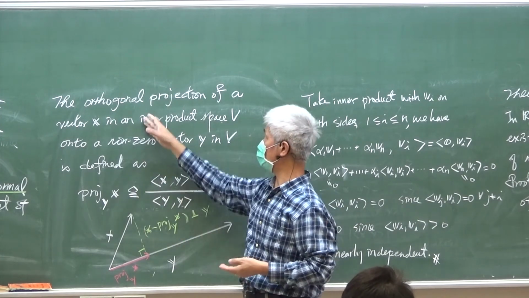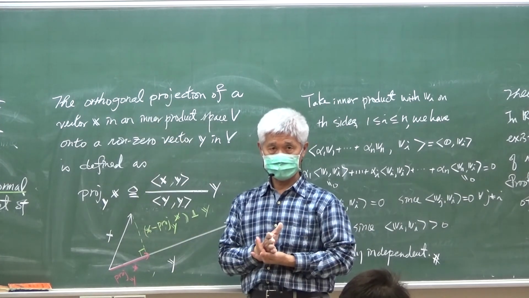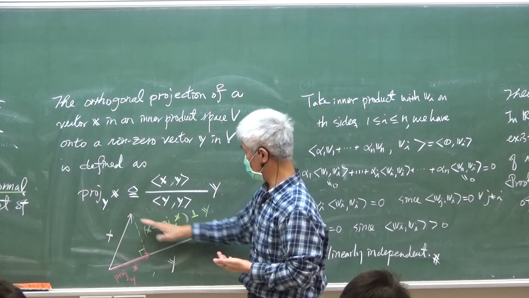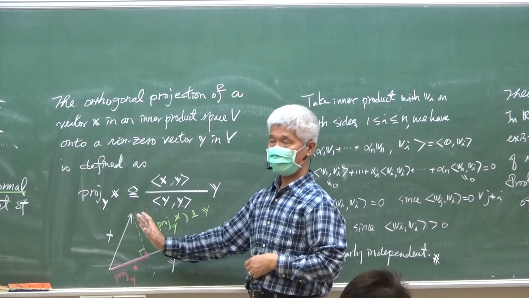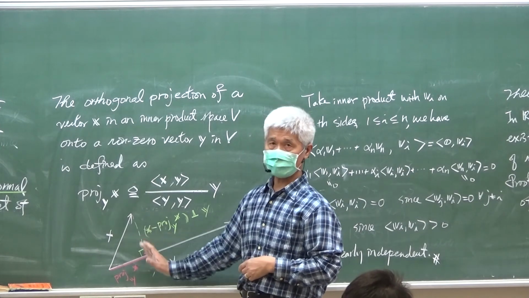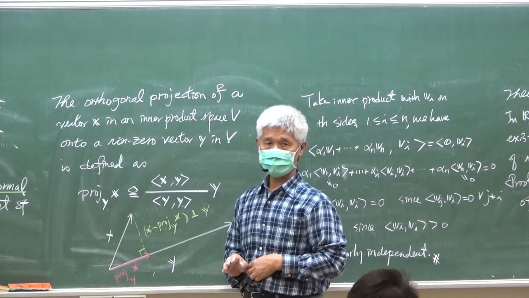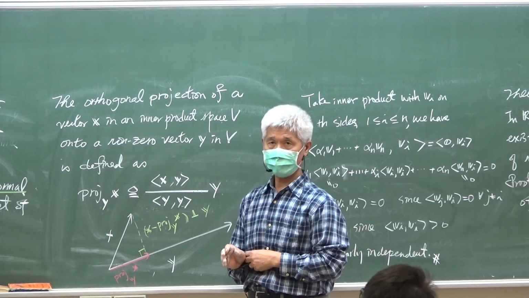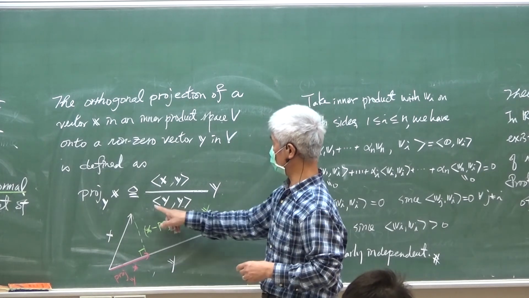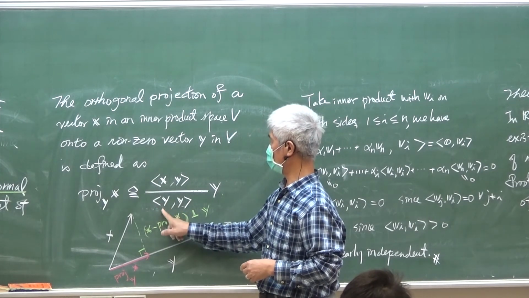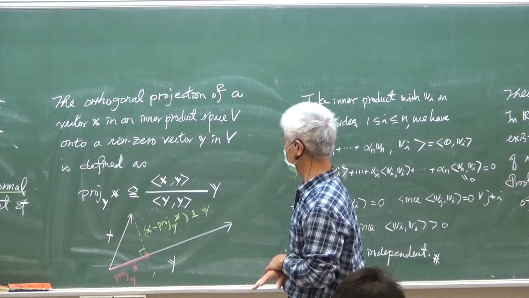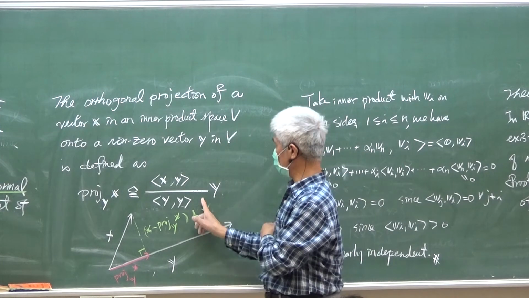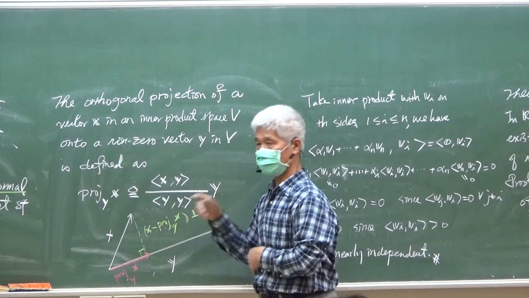That's called orthogonal projection. You could have many projections, in this way or that way, but this is the so-called orthogonal projection. The definition is here, so we have to check that it really satisfies this property.